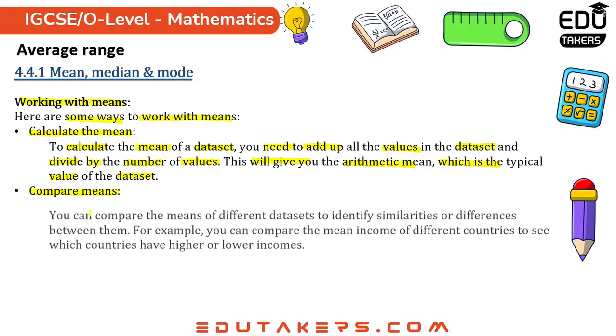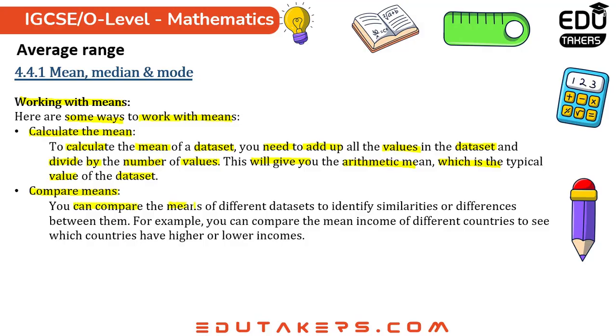Compare means. You can compare the means of different datasets to identify similarities or differences between them. For example, you can compare the mean income of different countries to see which countries have higher or lower incomes.